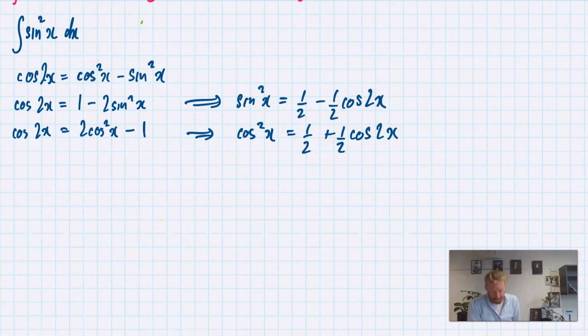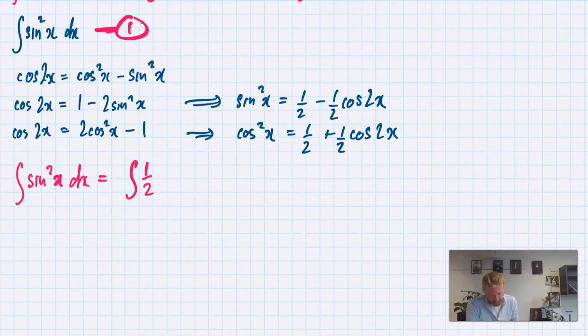So now what I'm going to do is rewrite this top line here as the integral of sine squared x dx is the same as the integral of a half minus a half cos 2x.